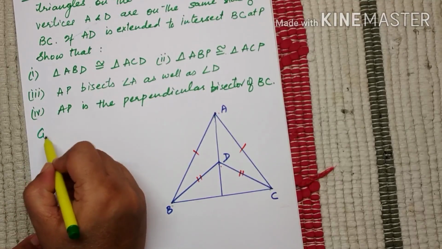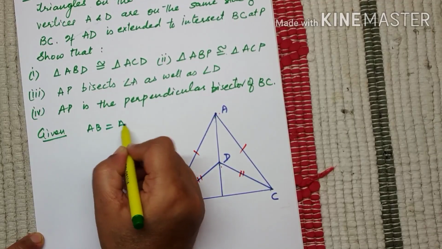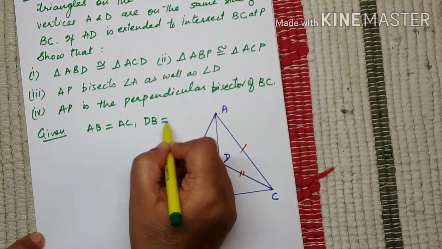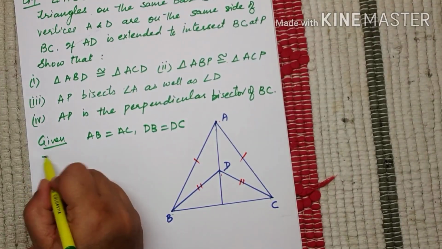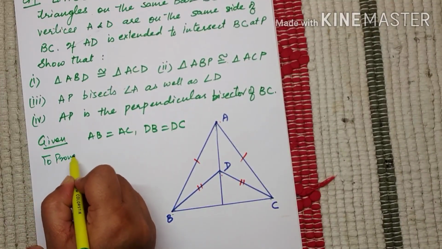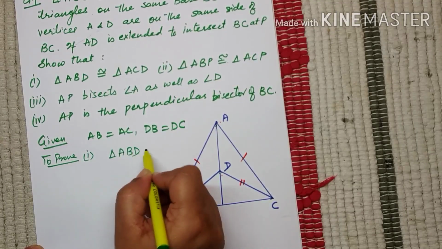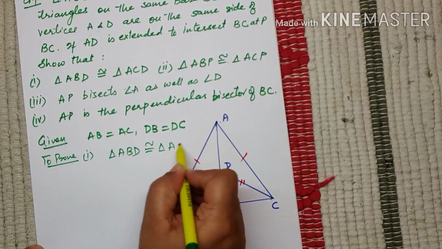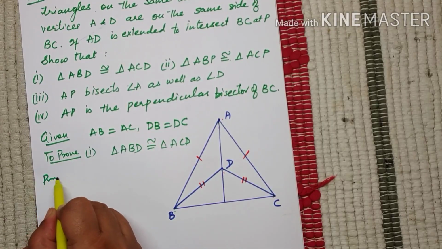So let's start with the given first. AB is equal to AC, DB equal to DC. That's all that is given. To prove the first part, I need to prove triangle ABD is congruent to triangle ACD. So we'll prove it part by part. Proof.